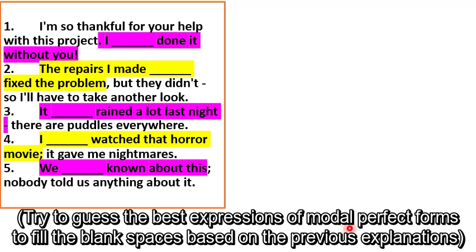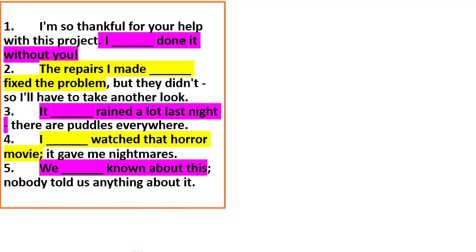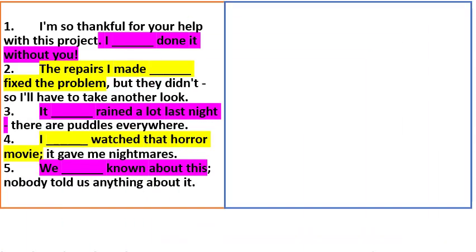What comes into your mind when you see number 1, number 2, number 3, number 4 and 5? You have the idea? Okay, look now at the answers.